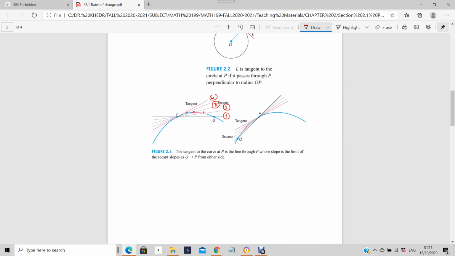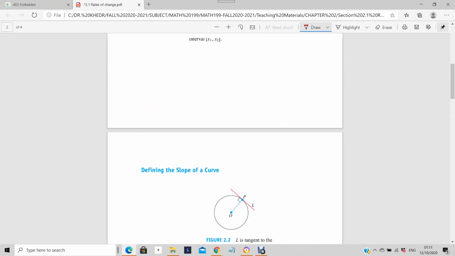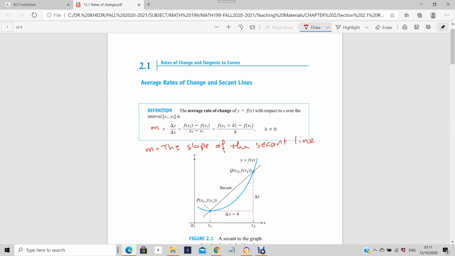So if we refer back to the definition here of the slope of the secant line, if we find the limit of this term as h goes to 0, because when the 2 points become very close to each other or coincide with each other, h will become 0.